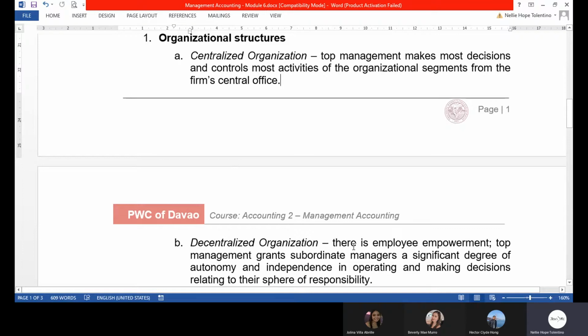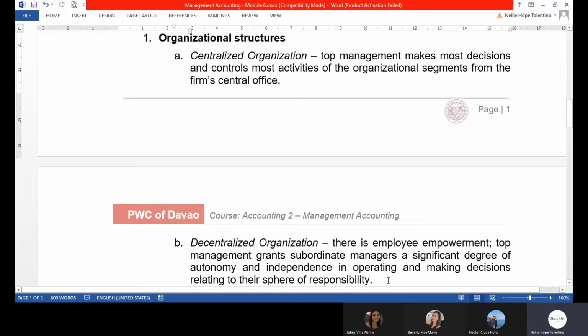So, the decentralized organization is, there is actually employee empowerment because top management grants subordinate managers a significant degree of autonomy and independence in making decisions relating to their sphere of responsibility. So for example, may problema si employee with his co-employee.